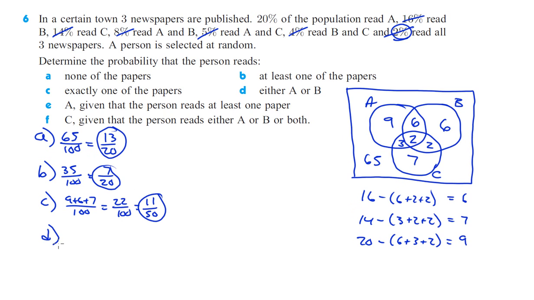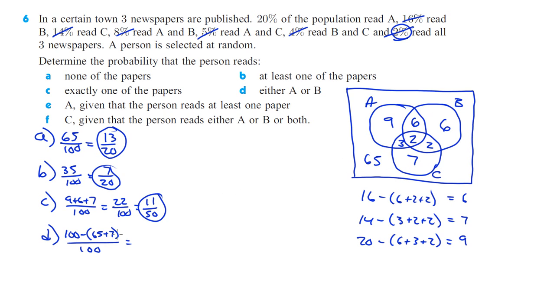Okay. D, either A or B. So that's going to be everything in the A circle or the B circle. So let's see. You know what might be easier? Look, these two numbers are not in that, and we know that we have 100 minus the 65 and the 7, out of 100 total.